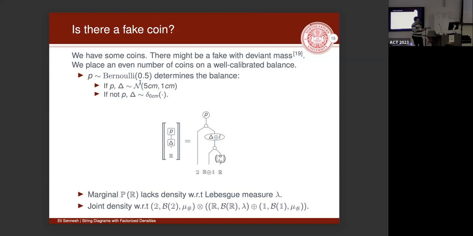Let's say it's about 5 centimeters on average between one side of the balance and the other that is skewed, if there's a fake coin. If there is no fake coin, then the balance will, well, it'll balance perfectly. So that'll be a delta distribution over 0 centimeters of difference between the two sides.